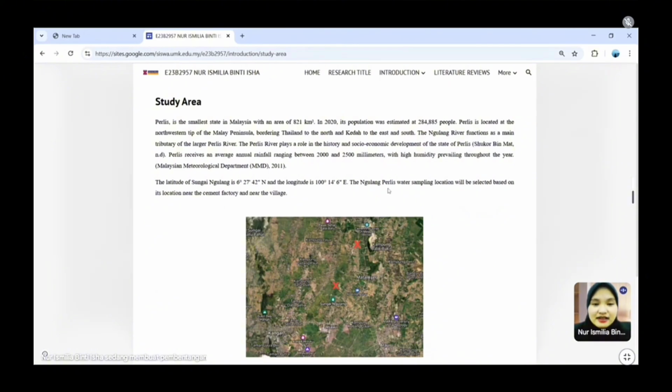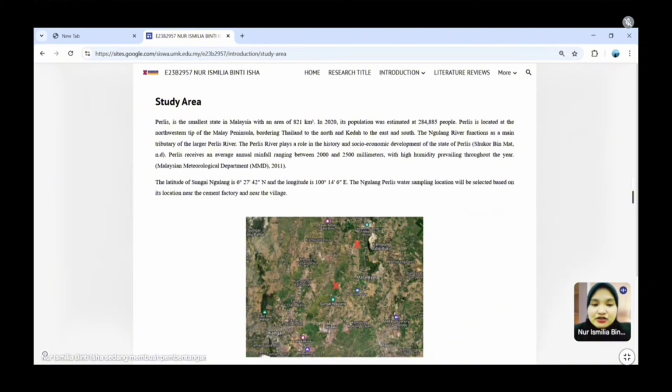Perlis is the smallest state in Malaysia with an area of 821 square kilometers, and based on records from the Department of Statistics Malaysia, the estimated population of Perlis is 284,885 people in the year 2020.